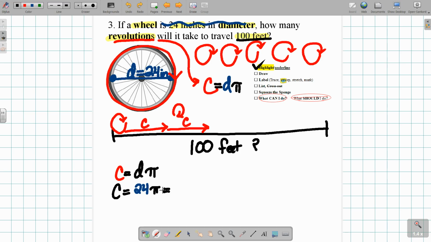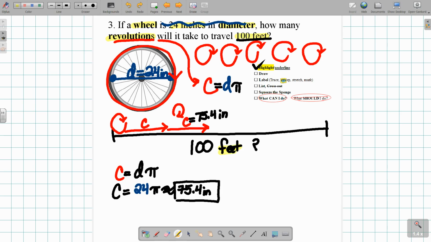Now we're going to use the approximate sign because that's an approximation. Careful there, mark your units. Every time that wheel turns, it's going to travel 75.4 inches.